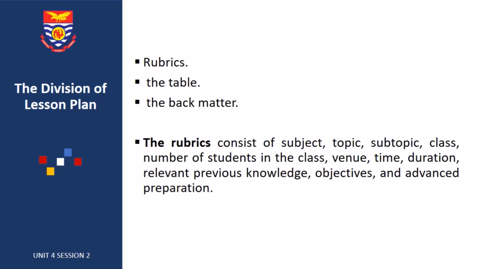So these ones you see here come before the actual lesson plan, that is the table. So this one you work on first. You write your subject, your topic, your subtopic, class, number of students in a class, the venue, time, duration, relevant previous knowledge, objectives, and advanced preparation.